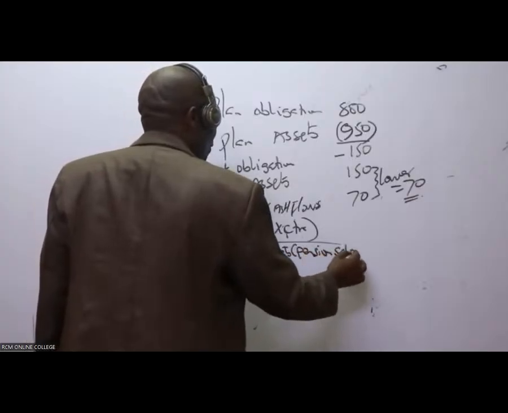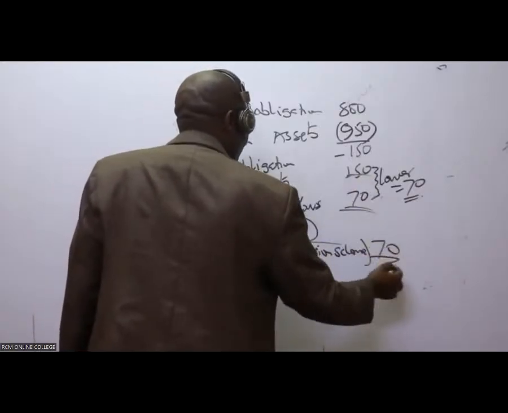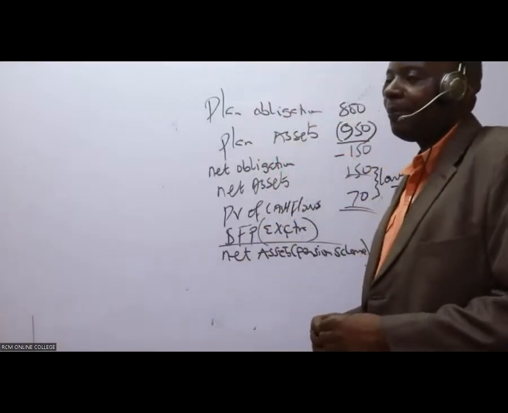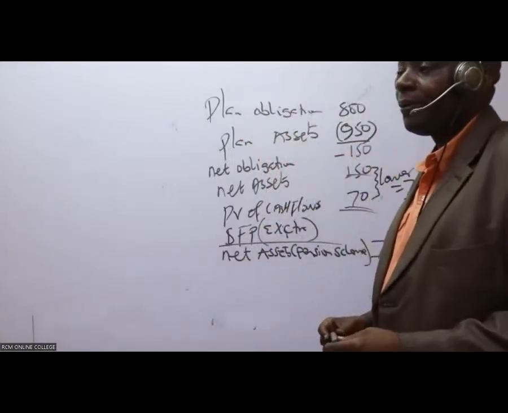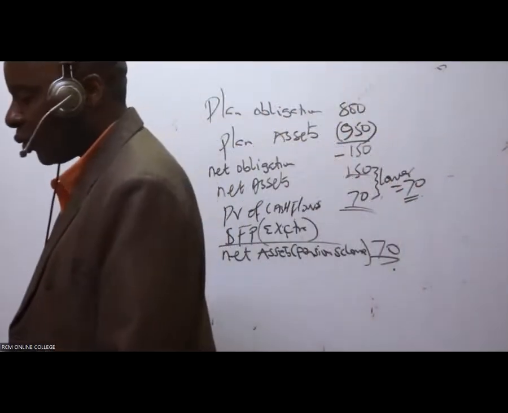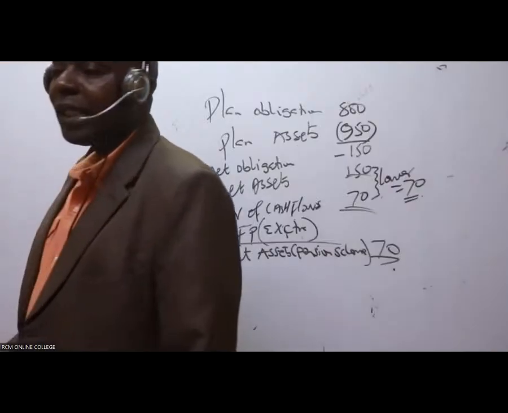Now you can't book 150 because there's a ceiling of 70. That's what you book there. It is a ceiling of 70. So that's what you book there, and that is it.